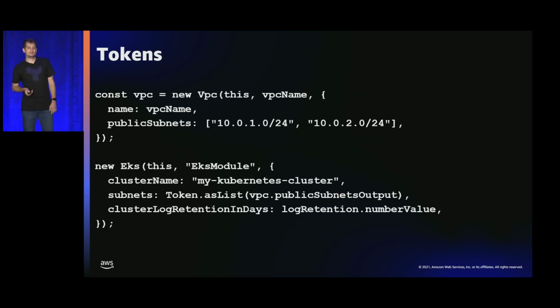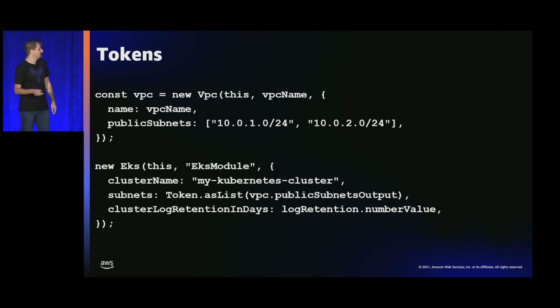And then tokens. So kind of expanding upon what we had talked about, you might not know everything during that initial pass or when everything is synthesized. Tokens help with that. Tokens also help with casting the right variables too. So if you have subnets and Terraform generates a specific data type, and that's not what your code is looking for, you can use tokens to cast that into the correct thing here.